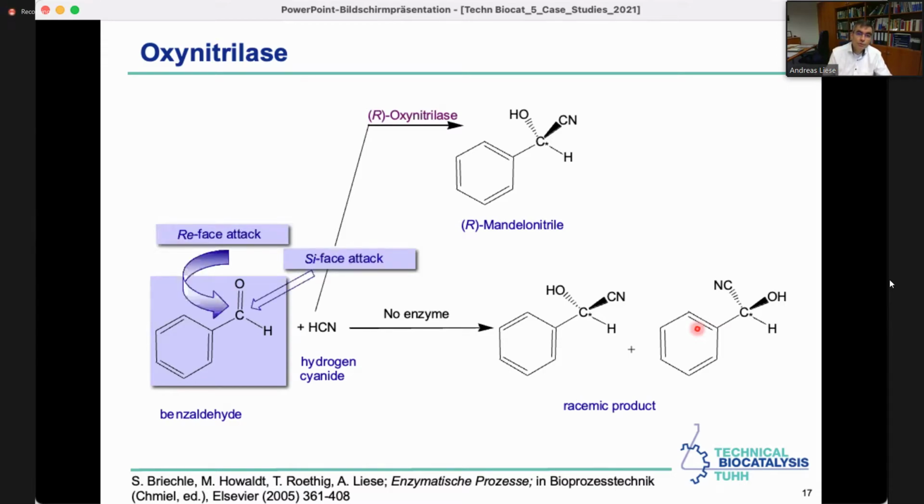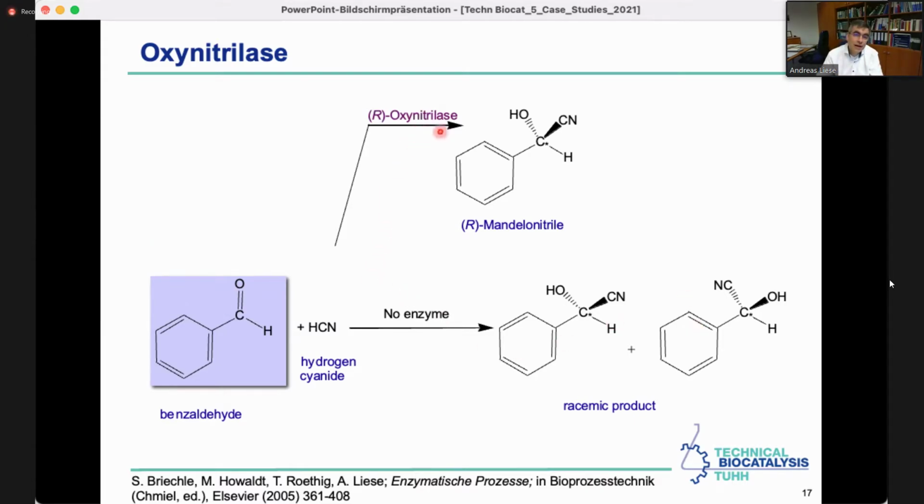And now the question would be, and you can discuss Re and Si phase effect in view of chirality and selectivity, just to remember the chirality lecture, but we're not doing this right now in view of time. So we're just thinking about, we do have a highly selective oxynitrilase just producing the R, and depending on conditions in water, we just see the side reaction running.